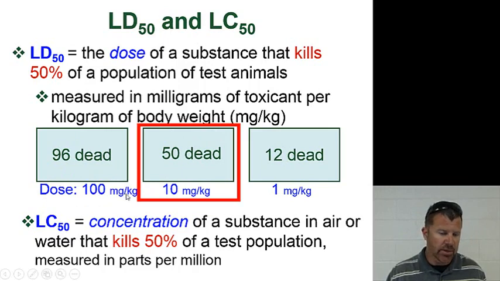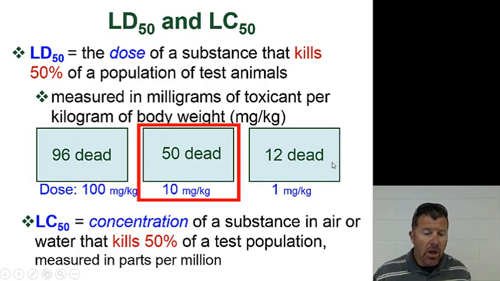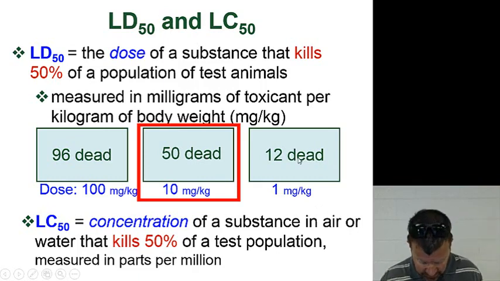When we give them a dose of 100 milligrams per kilogram, we had 96 of the test rats die. At 10 milligrams, we had 50. So 50 out of 100 is 50%. And at 1 milligram per kilogram, we only had 12 of the lab rats die.